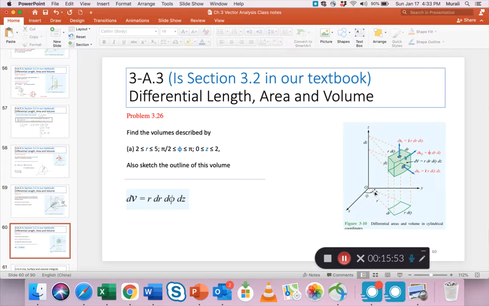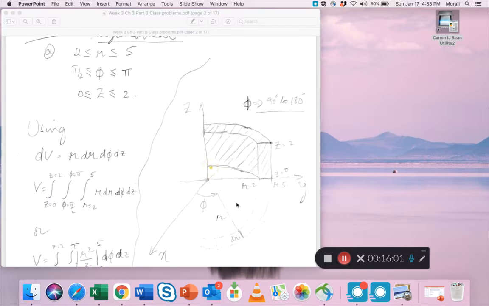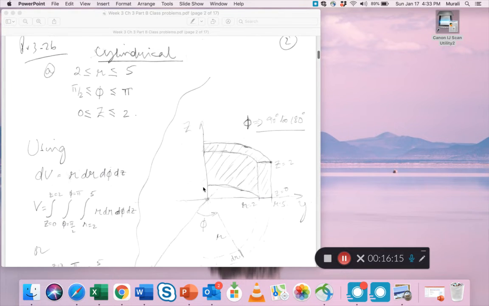R is always in this direction along this axis, right? So r goes from 2 to 5, not along the y-axis, but in this direction, and it hits the y-axis here.